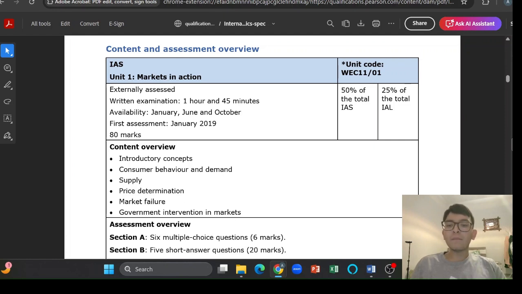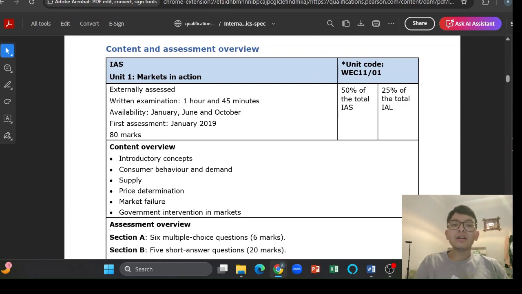This content is basically also done in GCSE as well. So if any of you here have taken GCSE economics, then you would find this very familiar because these topics have been covered in GCSE economics, especially in the Edexcel board.